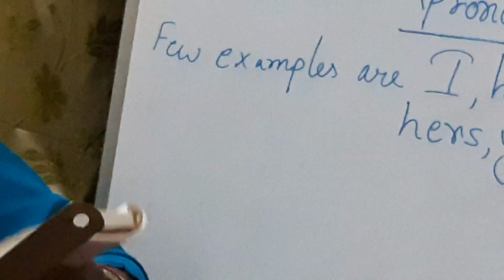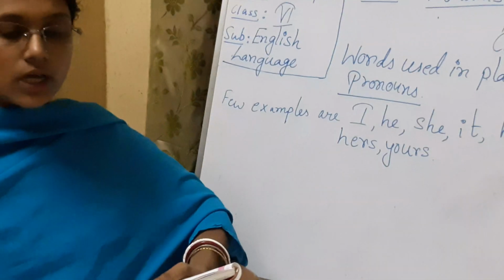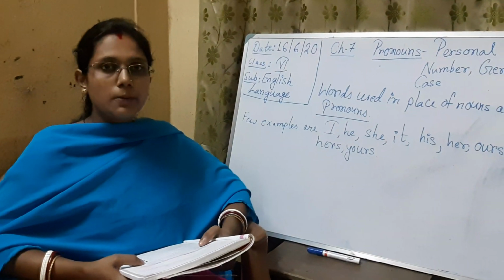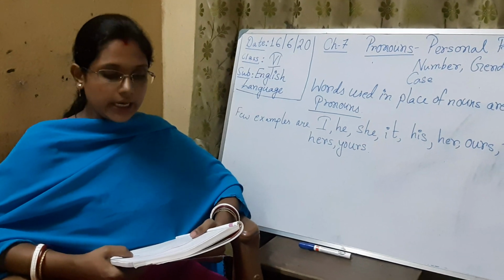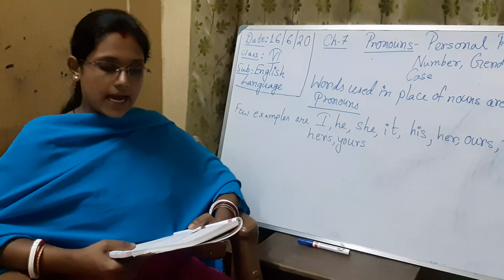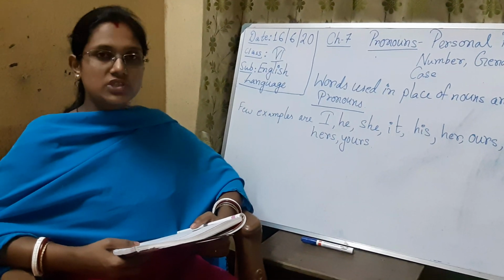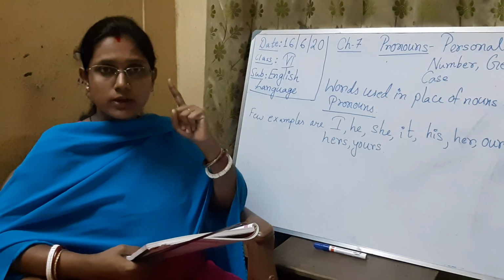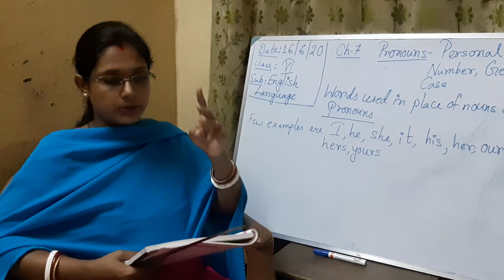Now turn to page number 37. Some examples of personal pronouns are, you know what are the examples of personal pronouns? Personal pronouns are he, she, it and they. Personal pronouns stand for three persons. Okay. There are three persons. First person, second person and third person.